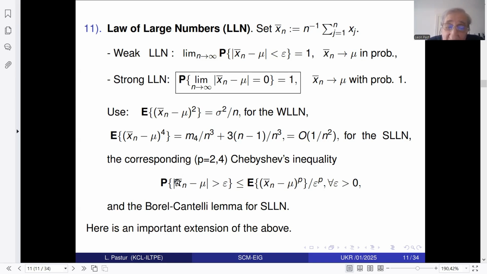If you have random variables, in our case this, the probability to have non-zero values is bounded by something, and this probability decays. You replace, for p equal 4, that by 1 over n squared, then the series of these quantities converges, and by Borel-Cantelli you get the strong law of large numbers.